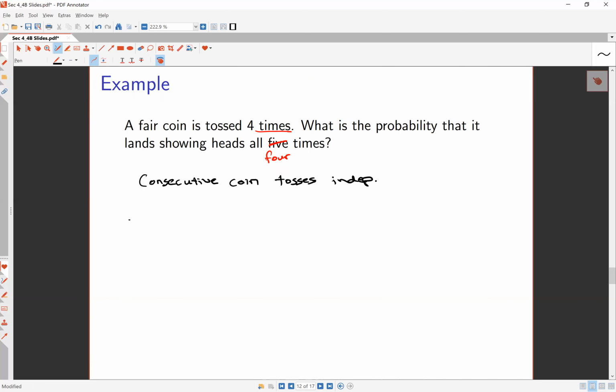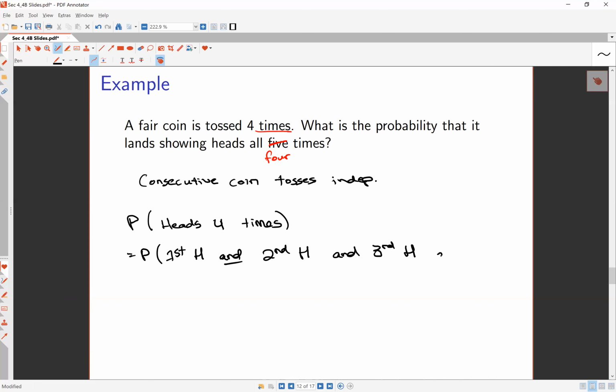So the probability of seeing heads 4 times means the first coin toss gives me heads, and the second coin toss gives me heads, and the third coin toss gives me heads, and the fourth coin toss gives me heads. And then by independence, I'm just going to multiply these probabilities.